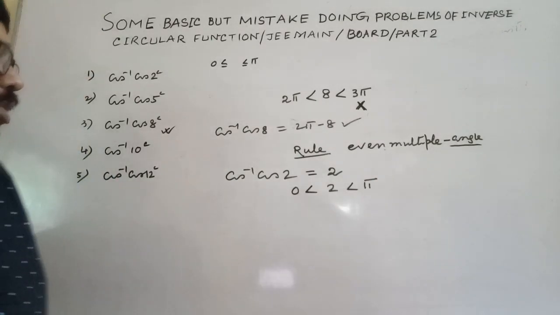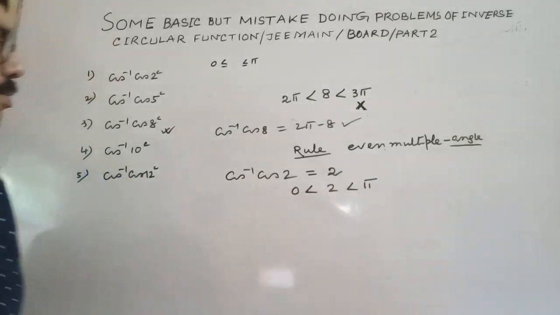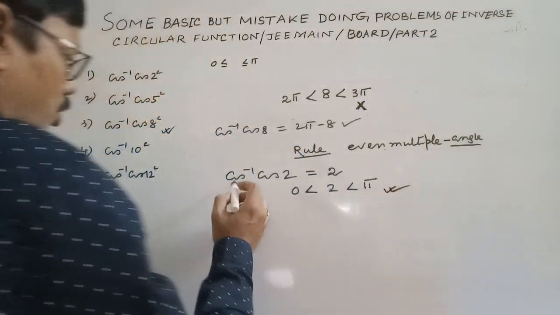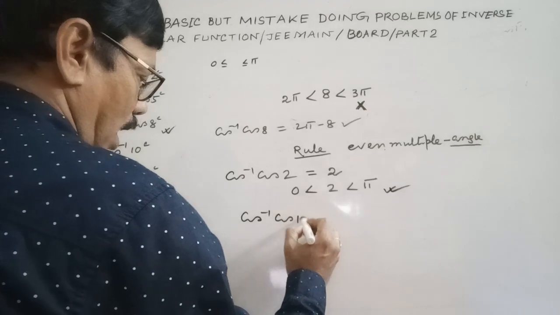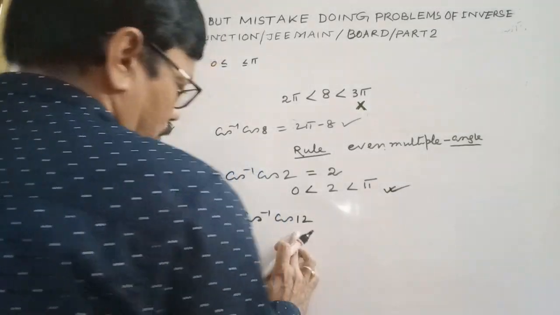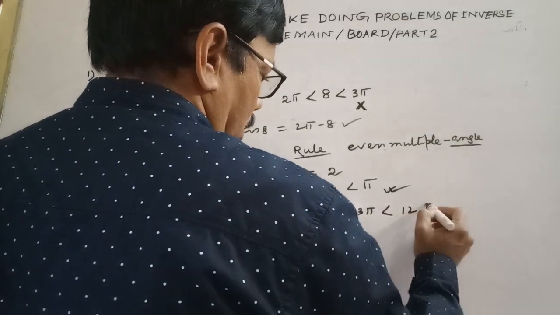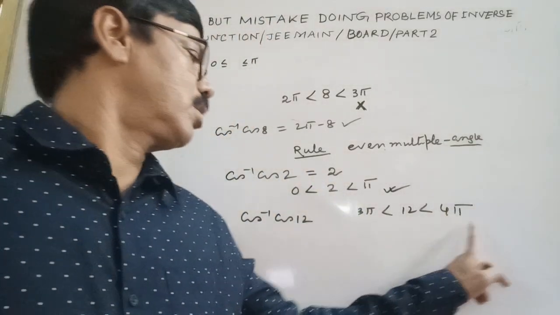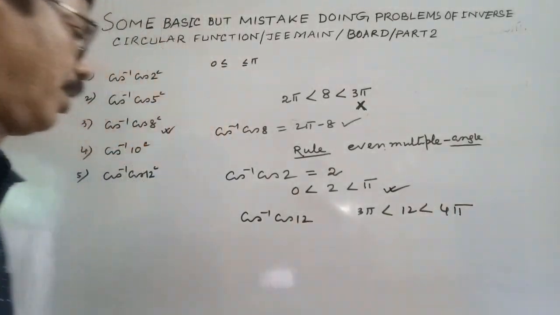Because look, it is pi, it is 0. 0 is considered. So it is 2. So take the interval for cos inverse cos 12. So 12 means 3 pi is less than 12, less than 4 pi. 4 into 3.3, this is greater than 12.